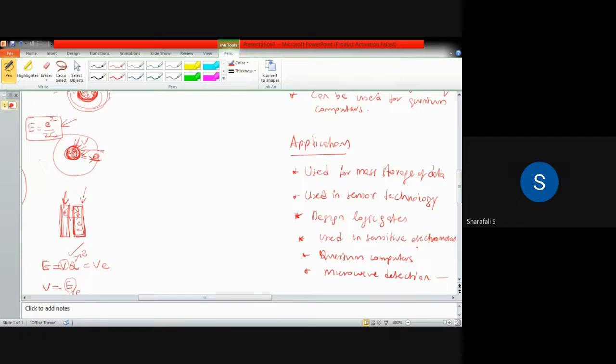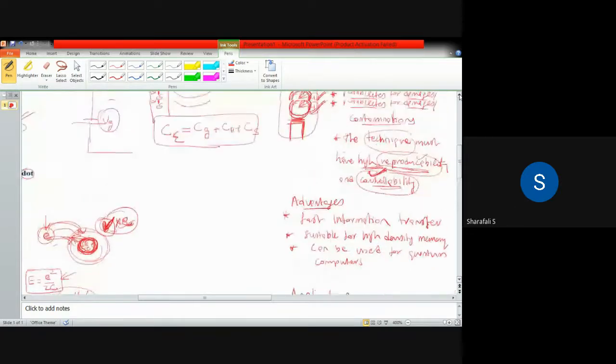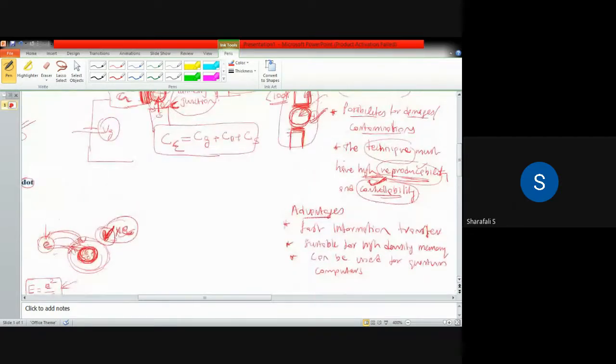Okay. So these are some of the basic ideas behind the single electron transistor. I hope you understood its working and structure, and also some of the applications of the same.